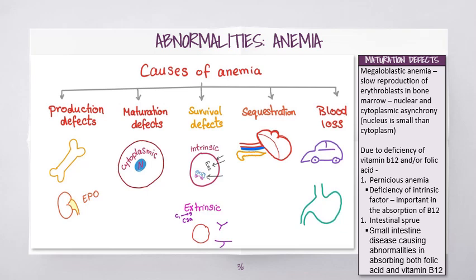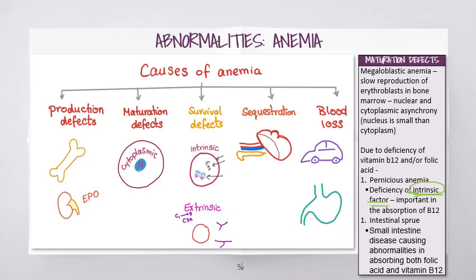Megaloblastic anemia produces a slow reproduction of erythroblasts in the bone marrow. Then there is nuclear and cytoplasmic asynchrony, and it can be due to pernicious anemia, which is a defect, or there is absence or deficiency of the intrinsic factor. Intrinsic factor is important in the absorption of vitamin B12.